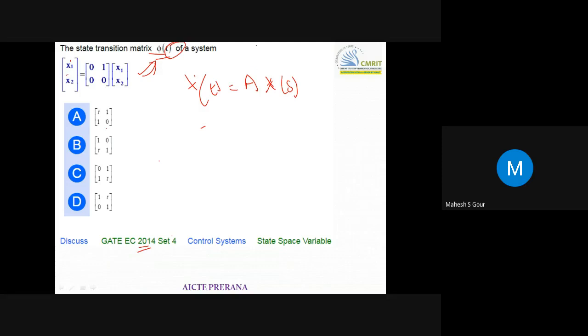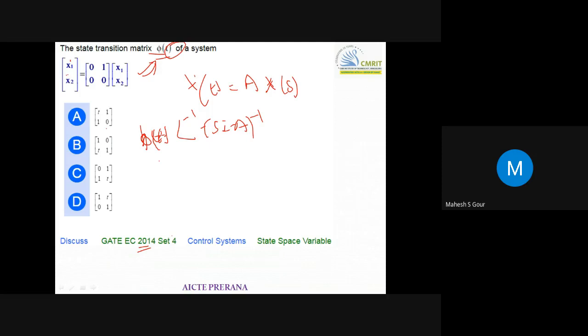No input is 0 and output is also not given, right? So you need to find sI minus A inverse. This will be in the Laplace domain, but it is asked in the time domain. So you need to take the Laplace inverse of this. This will come as your transition matrix phi of t.